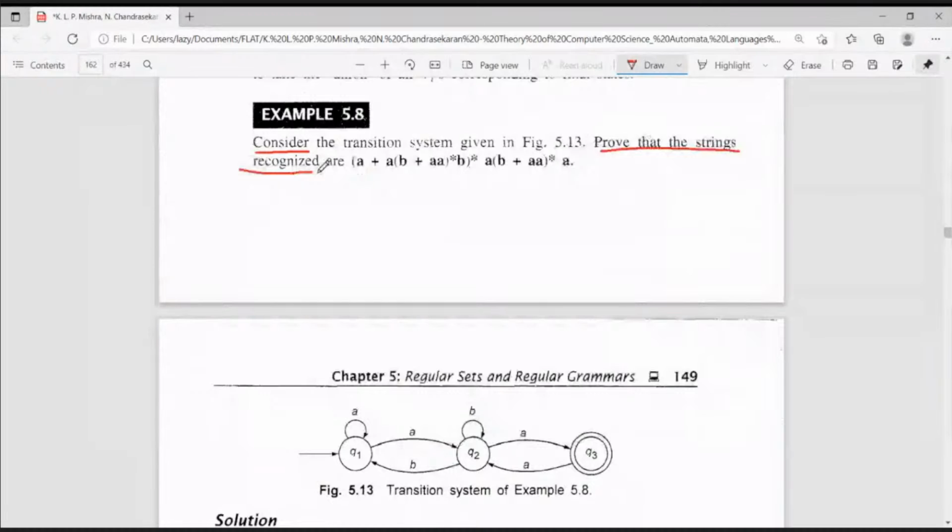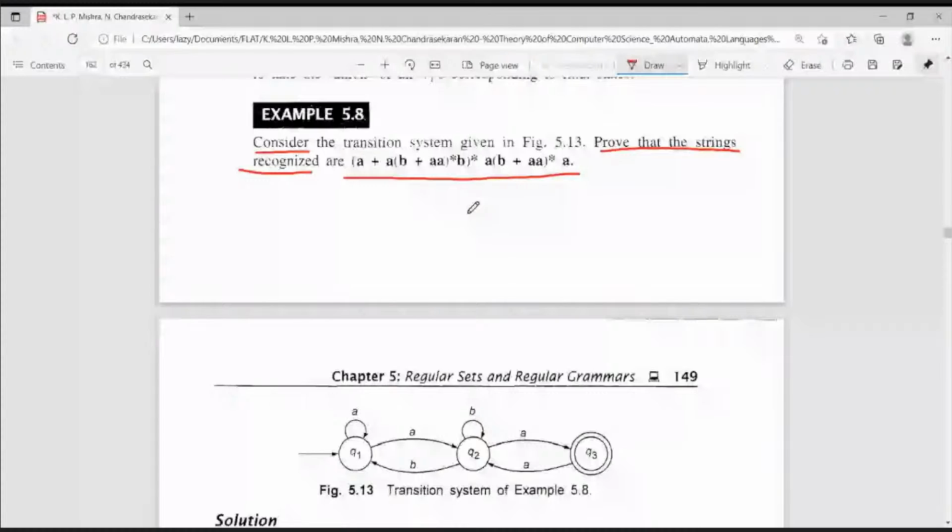This is your transition diagram, and the task is to prove that this transition diagram will accept this regular expression.